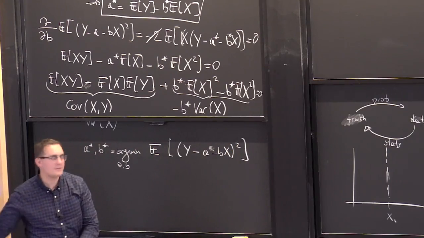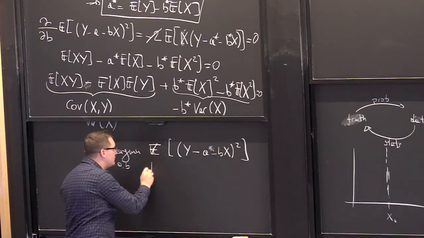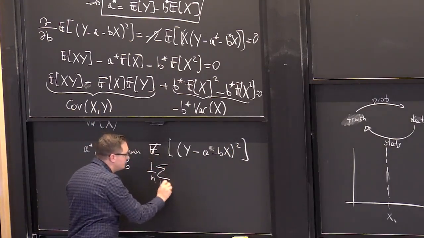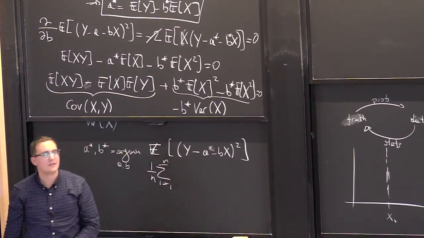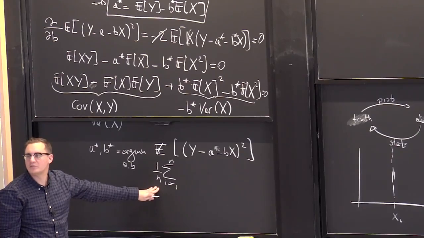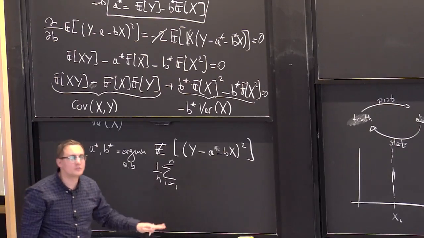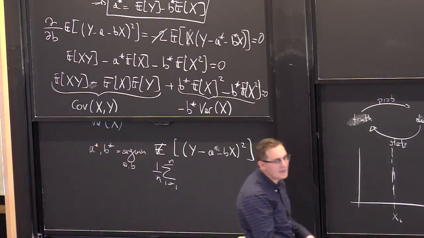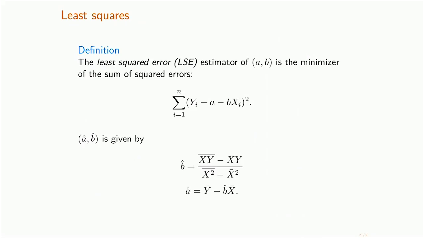So I take my hammer and I replace the expectation by an average. All right, now, here you can see it's actually not even an average, it's just a sum, because of course the argmin doesn't care whether I multiply this sum by 1 over n or not. It's always going to be the same argmin, but this is the same hammer.